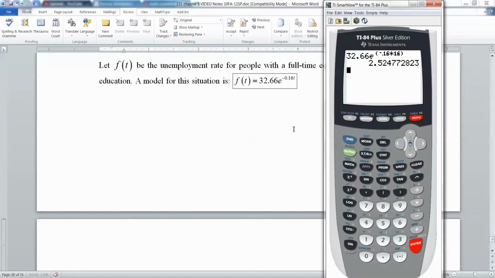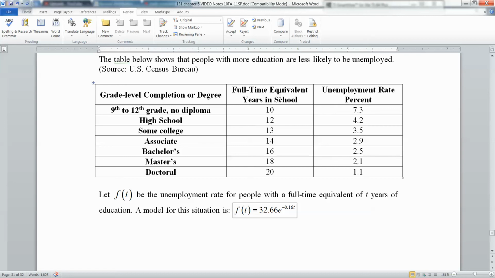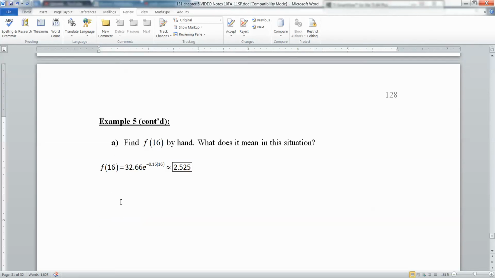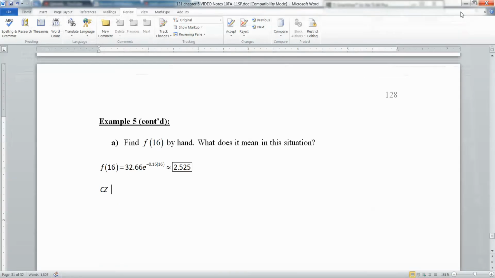Because with these problems, it's not just a question of finding it, it's a question of explaining it. 16, remember, was our independent variable. It's right here.